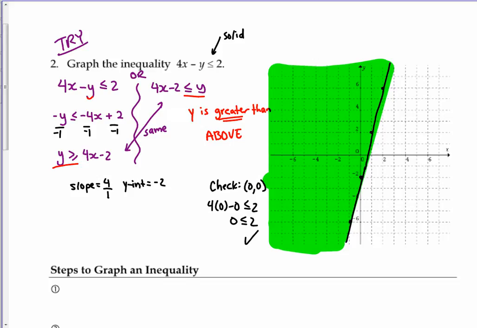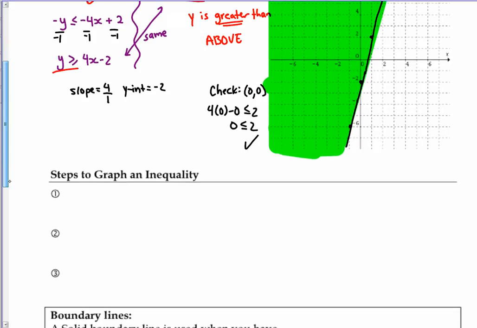Okay? Easy? Yeah? What did we do? Tell me what we did. First step. Isolate y. Good. What was the second thing we did? We graphed the line. What did we have to remember when we graphed the line? Solid or dashed, right.